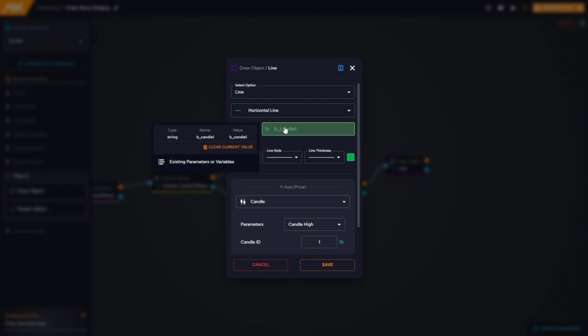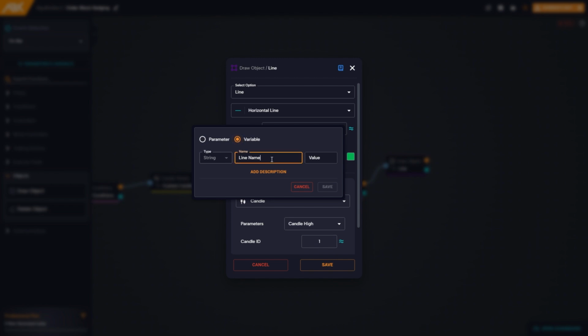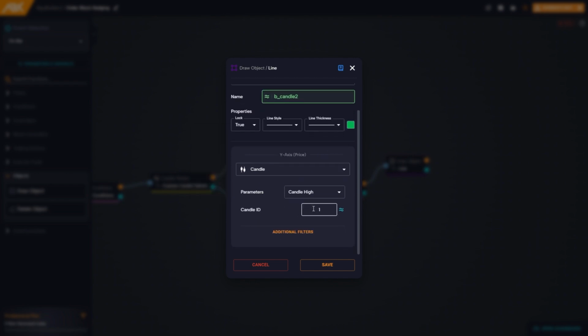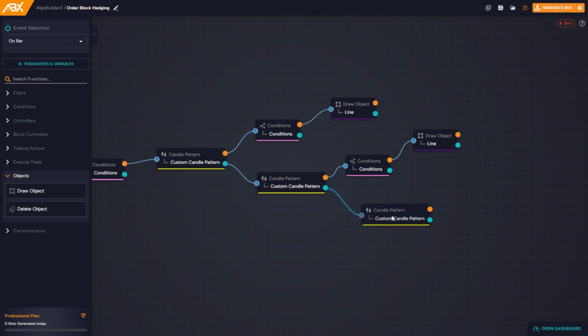Make sure that each line has a unique name. And draw the line at the high of candle ID 2. If the second candle isn't red either, check the third, and so on, up to the fourth candle.